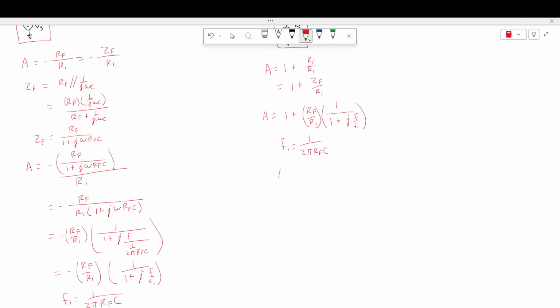As long as our mid-band gain is much greater than 1, we get the same thing that we did before, and so we're going to set our corner frequency by the RF times the C, just like we did before.